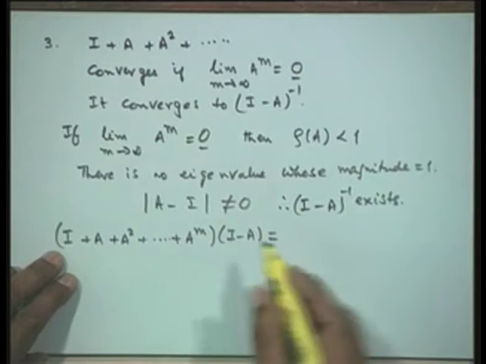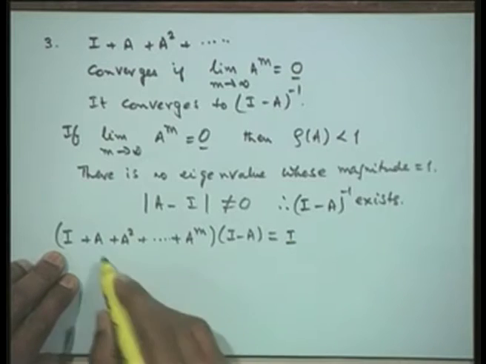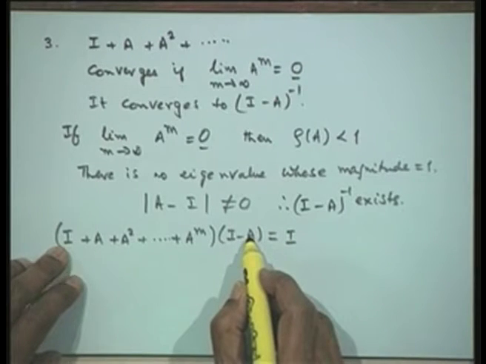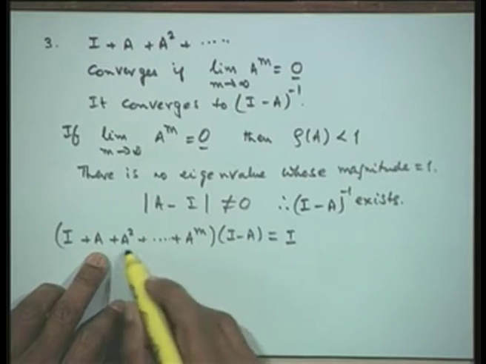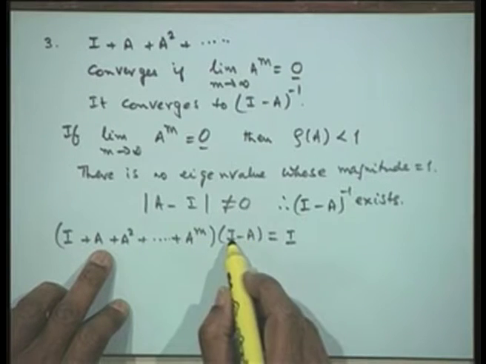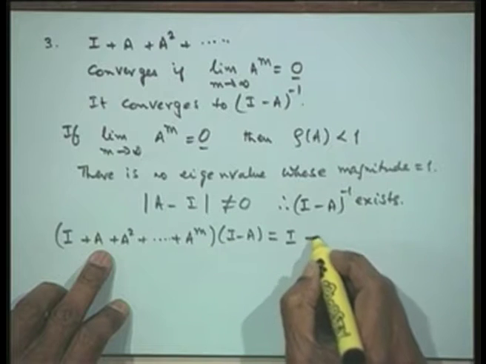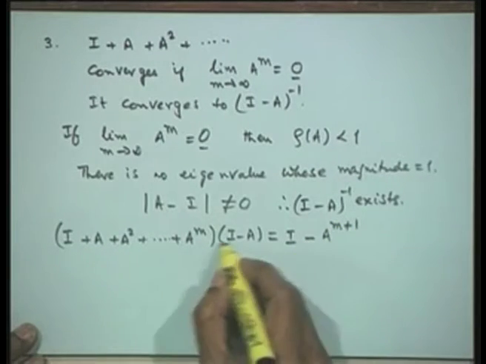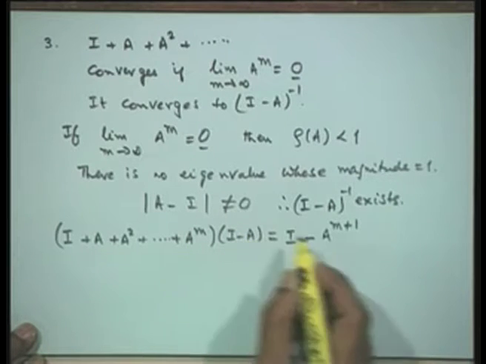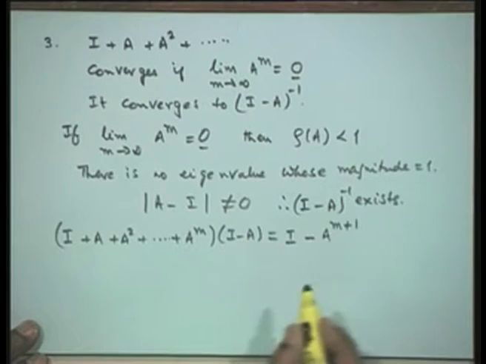I into I gives I. This is I into minus A plus A into I, that is minus A plus A, which cancels. Similarly, minus A square plus A square cancels, except the last term. Minus A to the power of m plus 1 is the only surviving element.